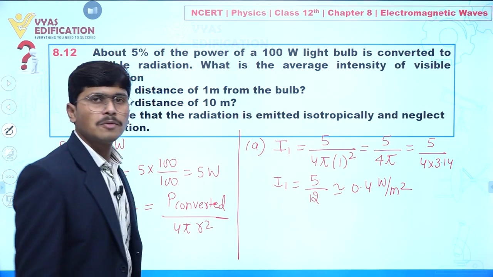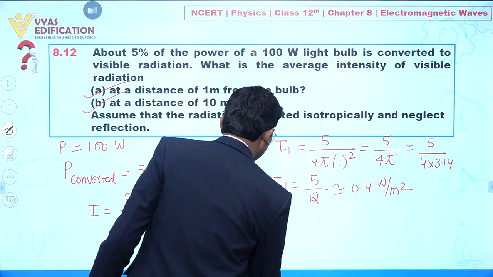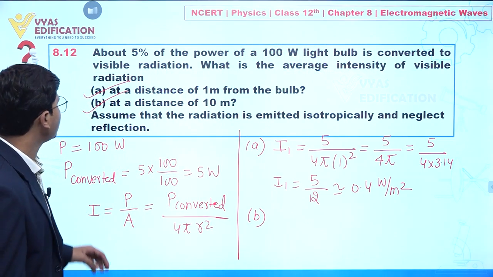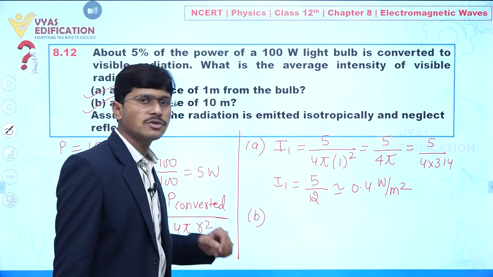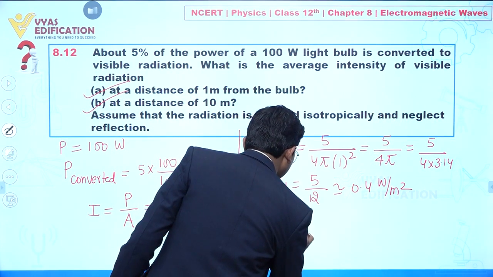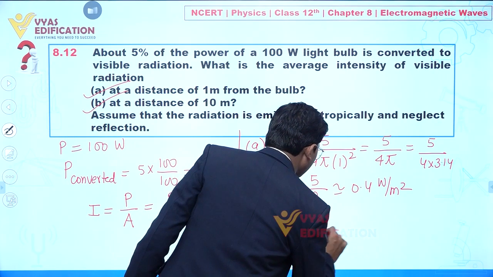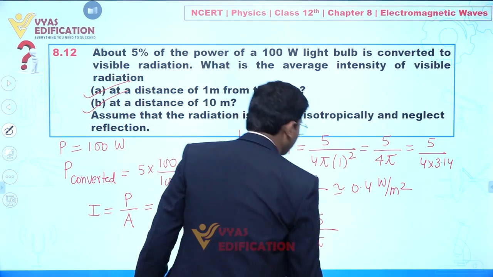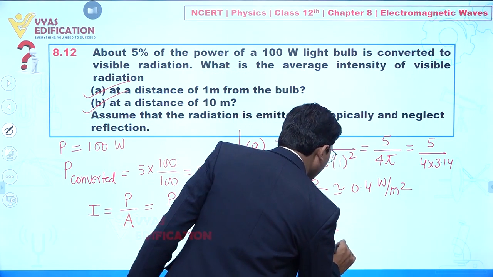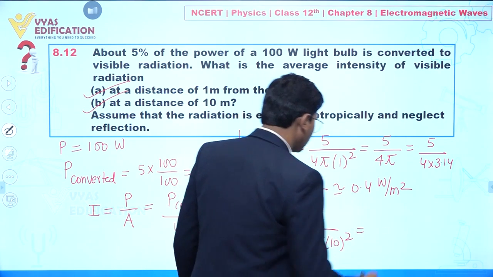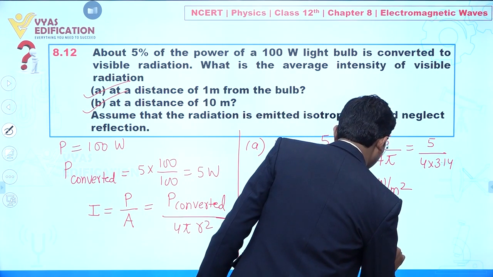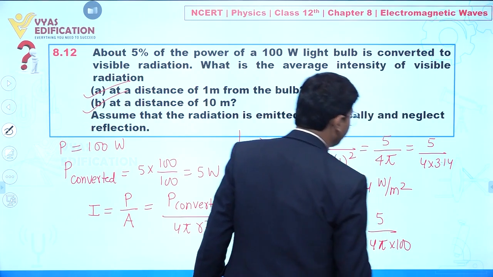Now if we are talking about part number B, in part B our objective is to calculate this average intensity at a distance of 10 meter. So we can write I2 is given by 5 divided by 4 pi, 10 square, clear. So we can write 5 divided by 4 pi multiplied with 100, clear.